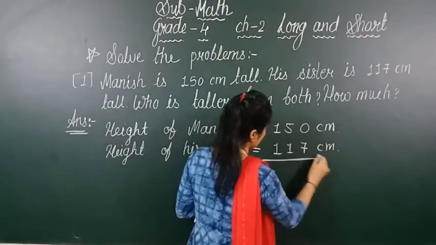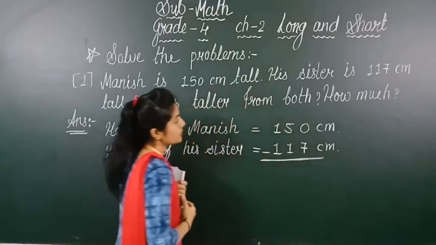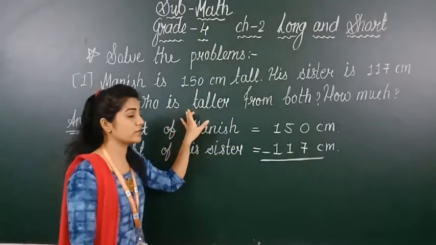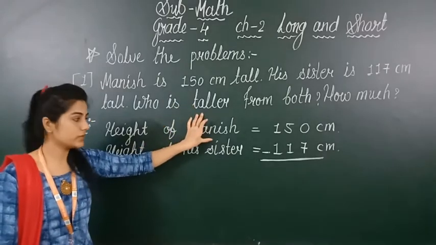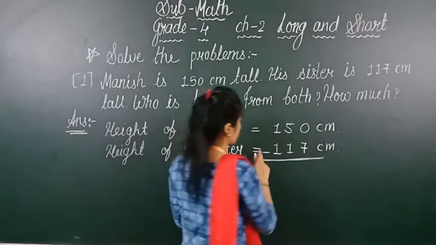So here we are doing subtraction because in our question we have to find the difference between both of their heights, right?